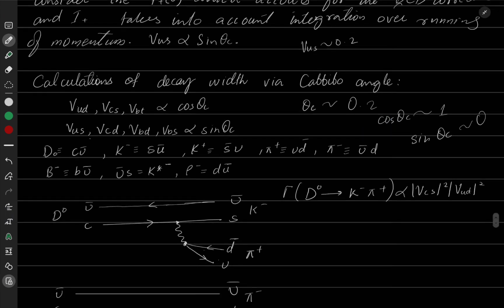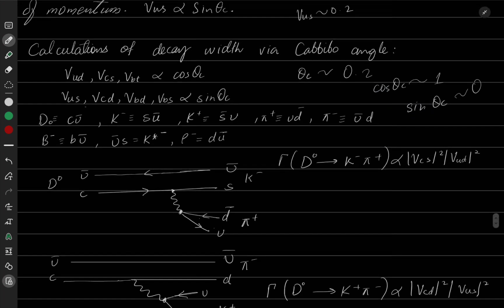Now I am going to show you some processes in which we are going to make a naive estimate of the couplings among the same generation or different generations using the Cabibbo angle.